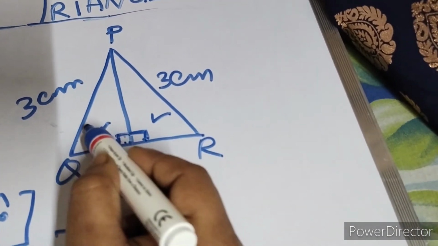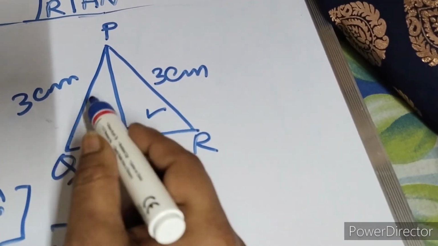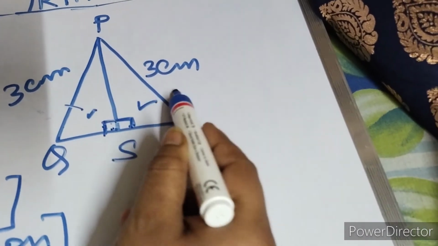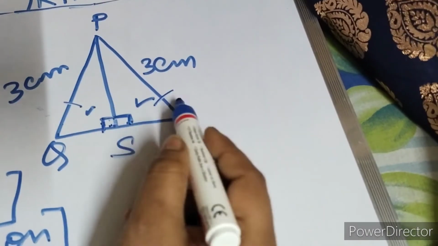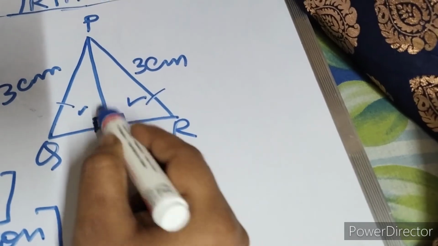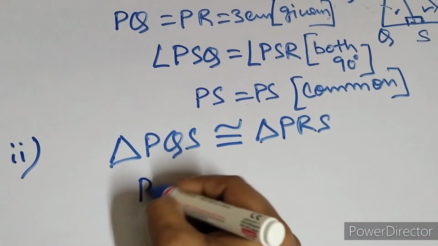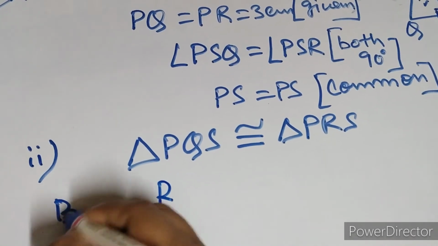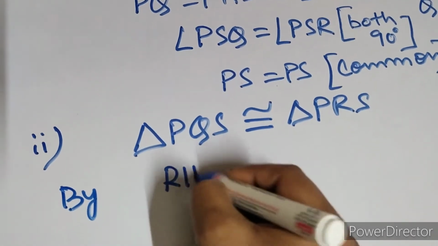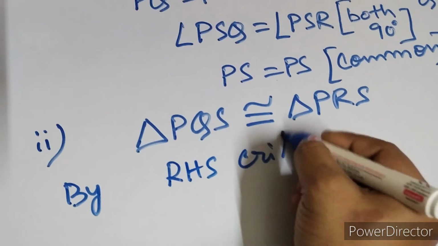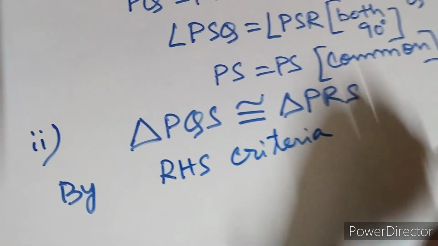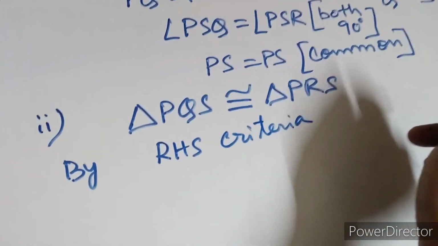The side opposite the 90 degree is the hypotenuse. So both the hypotenuses are equal. This is a right angle and also one side is equal. So which criteria proves it? Yes, RHS. So by RHS criteria, these two triangles are congruent.